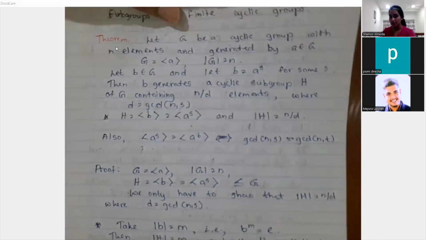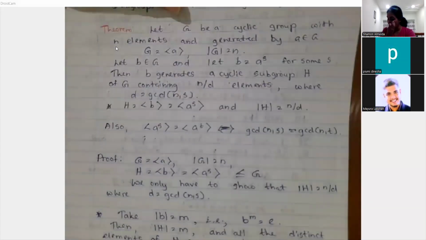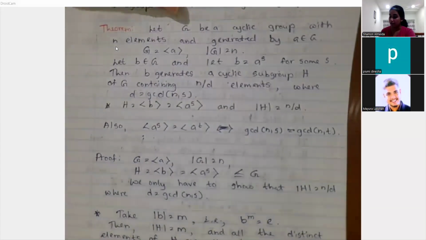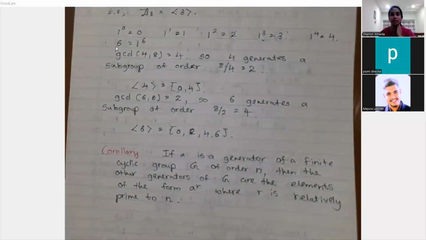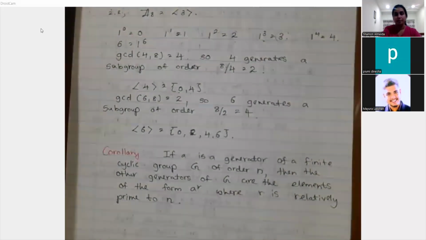As an exercise, please try using this theorem to prove that corollary, right? I'll give that as an exercise. But we will be using it to find generators of cyclic groups. Okay.